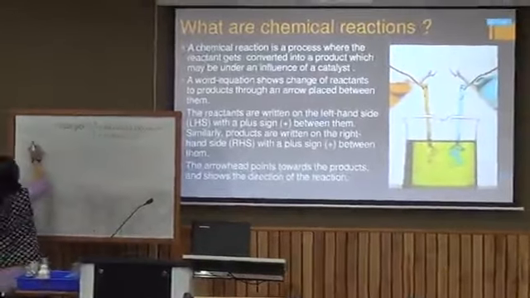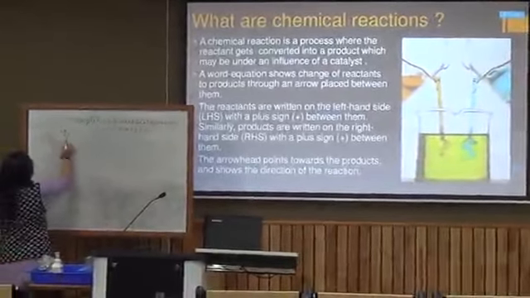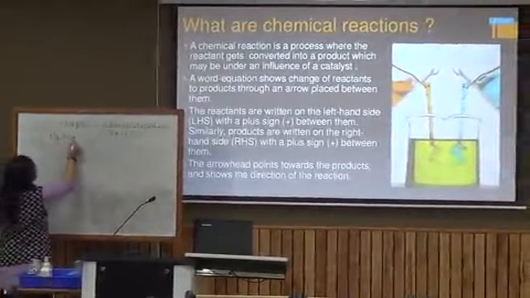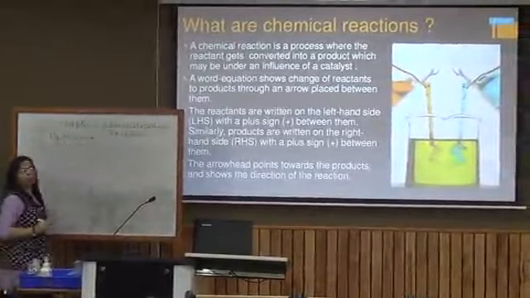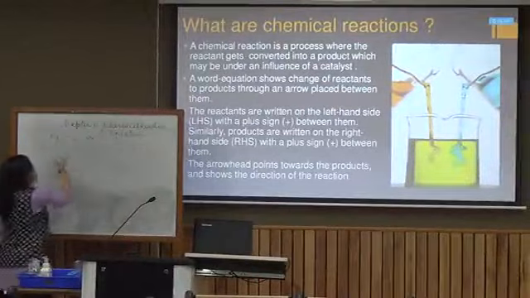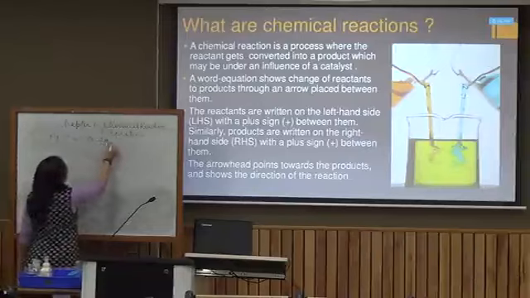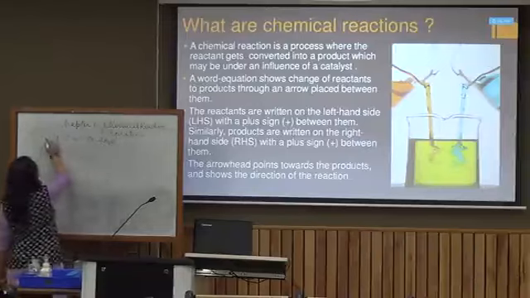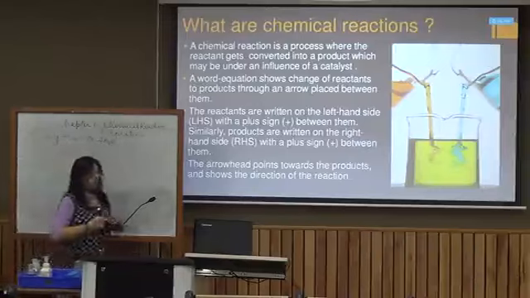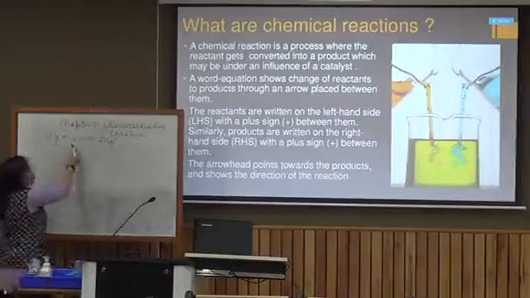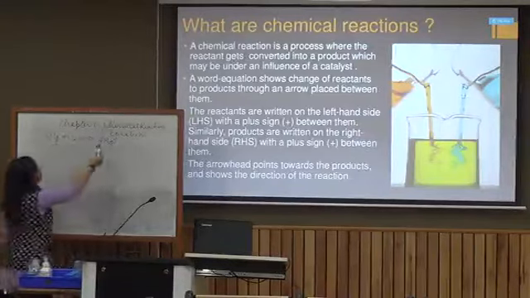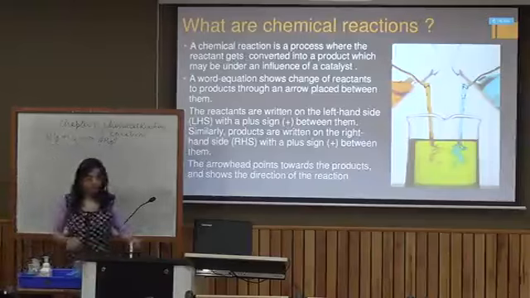The first reaction that I have performed is that I had magnesium ribbon. I burnt it in air. The magnesium utilized oxygen from the air and produced magnesium oxide. So magnesium and oxygen were the reactants and magnesium oxide is the product.